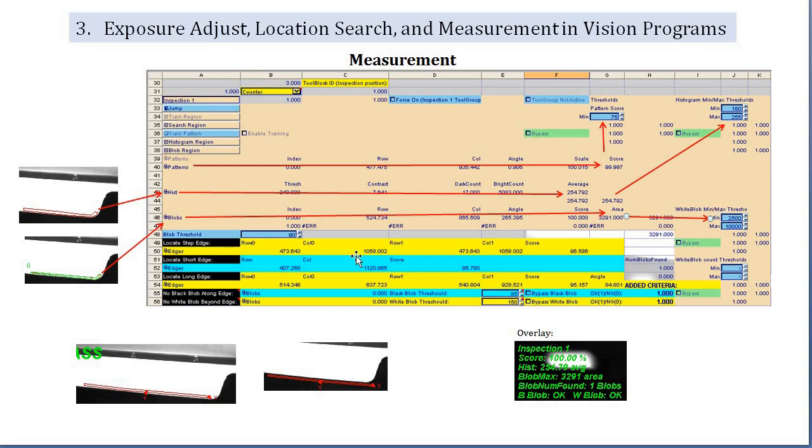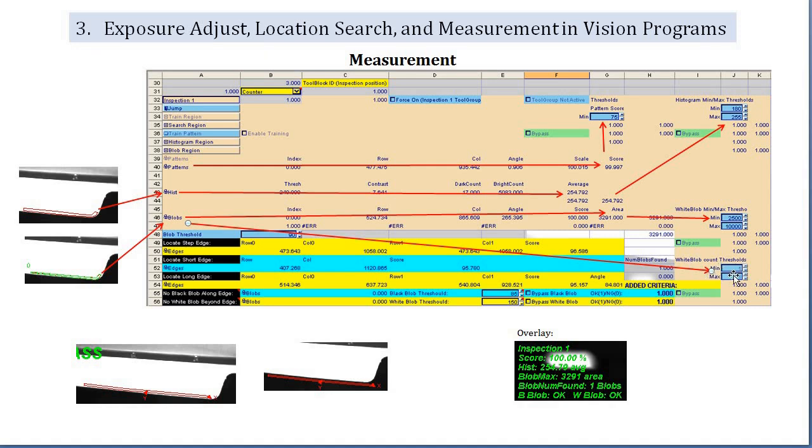Also, the number of blobs being found is used in evaluating pass or fail of the part. Here, the region forms only one white blob, so the number of blobs found should be 1.